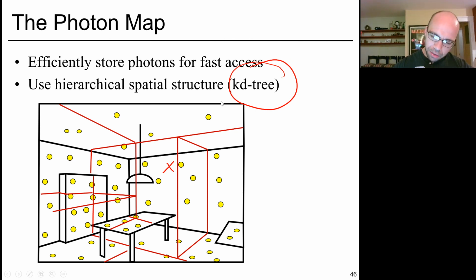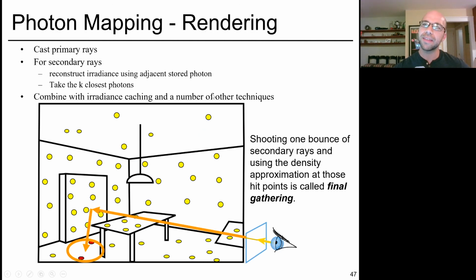So in the initial step of photon mapping, we're doing forward ray tracing and then attaching these photons to different points in the scene. Then in a second step, or the second pass of photon mapping, we actually do our ray tracing. So now we cast our primary rays. Those are the rays from the eye out into the world.